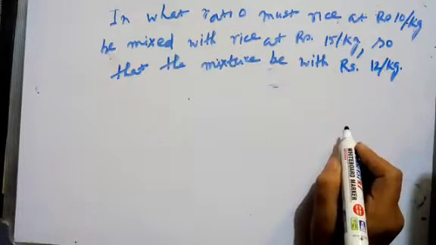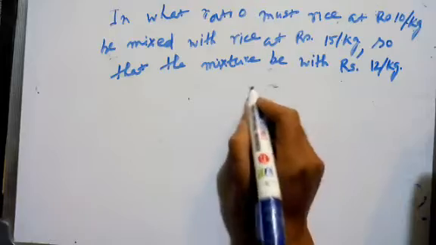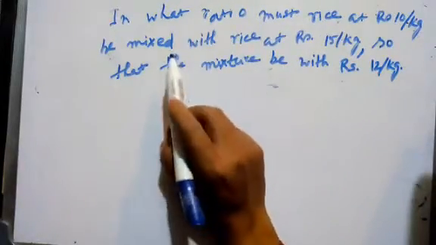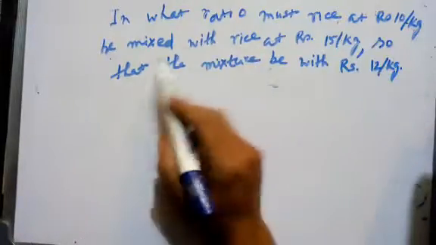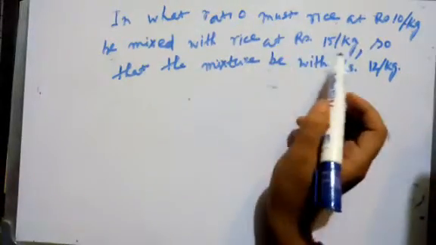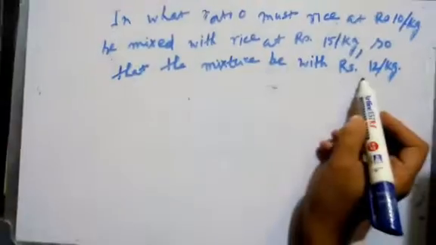Clear? So in this math, in what ratio must rice at rupees 10 per kg be mixed with rice at rupees 15 per kg so that the mixture will be rupees 12 per kg? This is very basic math.